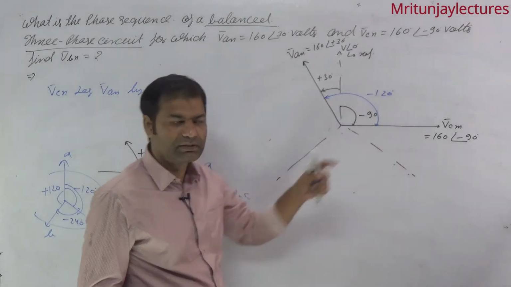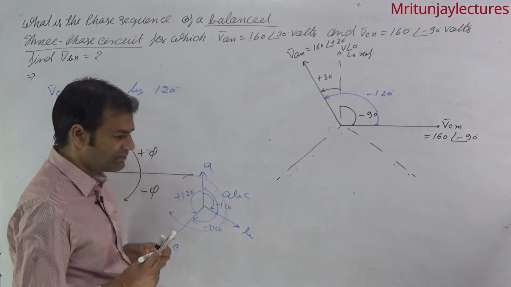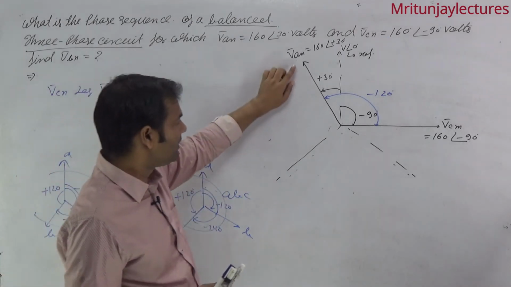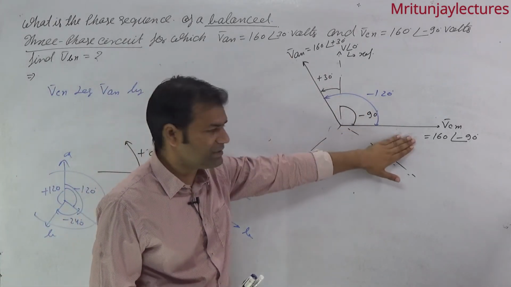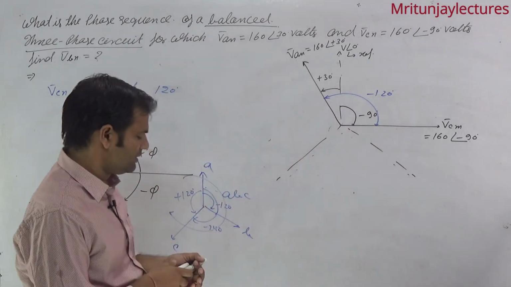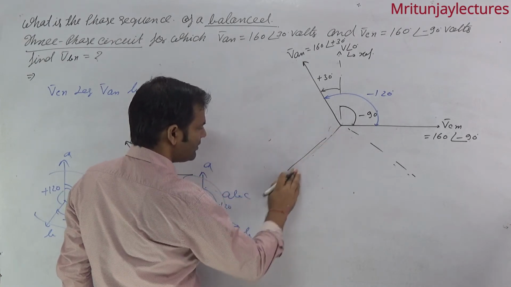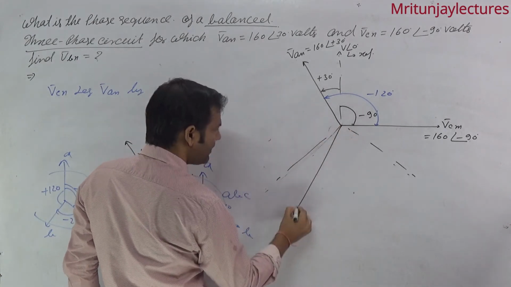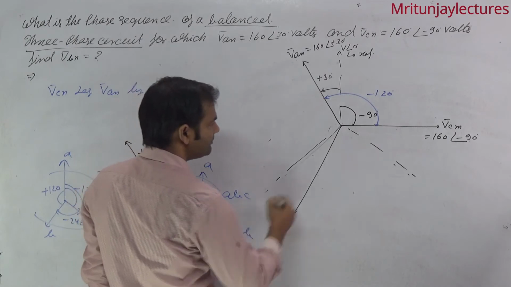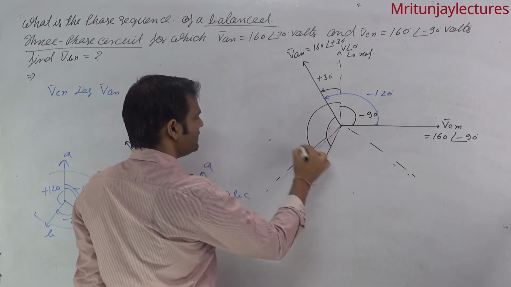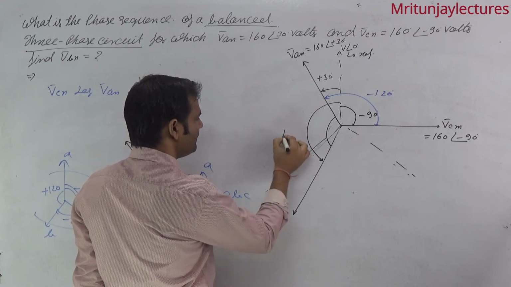Now here, that is ACB. First of all, this is a balanced three-phase circuit. It means the angle between phase A and phase B is 120, and between B and N, the angle is 120, the total is 150.